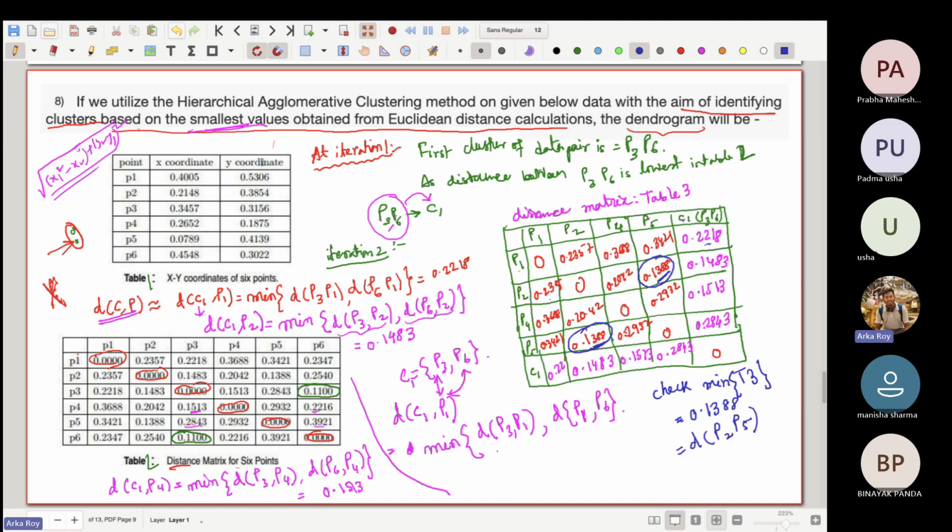So if I just start drawing the dendrogram, so let's say you have the data assimilated like this. First you got 3 and 6, then you got 2 and 5.